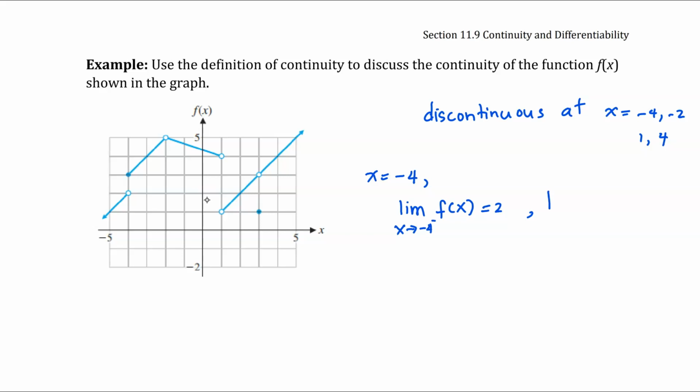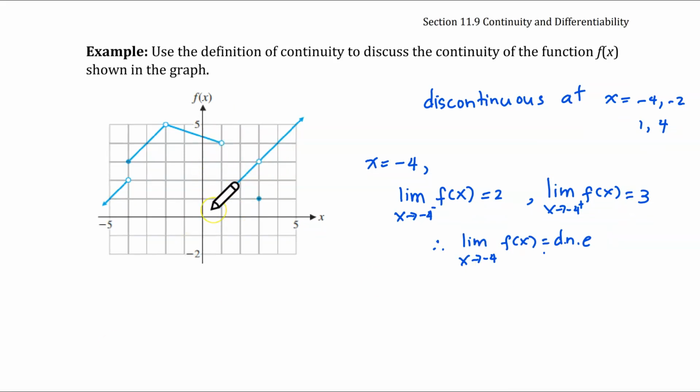While if you take the limit of the function as x approaches negative 4 from the right, so coming from the right side of negative 4, your function values approach this value here, which is equal to 3. Now, since the left-hand limit is not equal to the right-hand limit, then we say that the limit of the function as x approaches negative 4 does not exist.